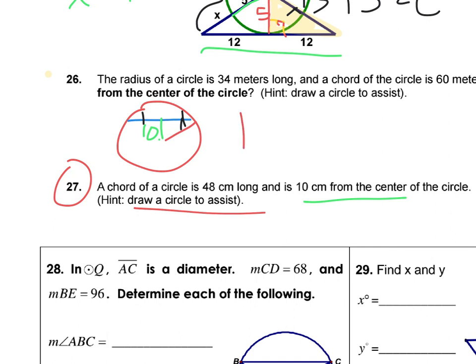In that right triangle, this leg is 10, and my other leg, because the whole chord was 48, would be 24. You are trying to find, I believe, the radius. Yeah, so we're trying to find this piece here, which is also c.